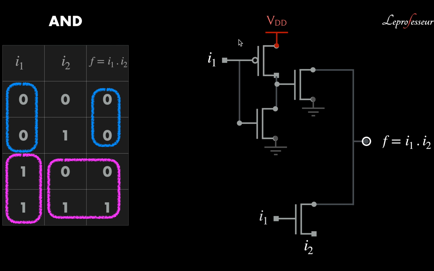More formally, we put the CMOS circuit for the inverter, and the output we connect to the gate of the NMOS. So this gives a simple circuit for the AND gate. That completes the circuit of the AND gate.